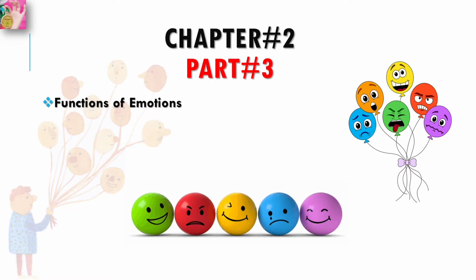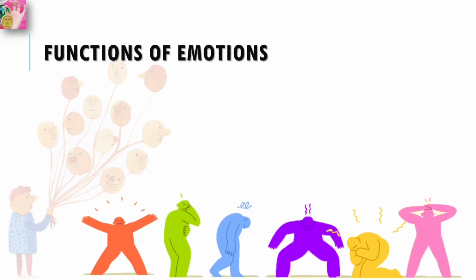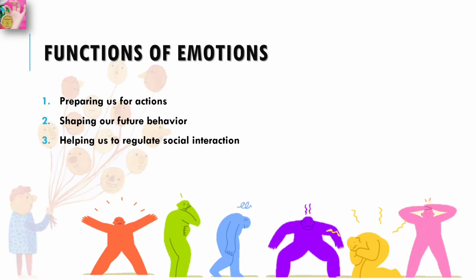So let's start with part 3, which is about the functions of emotion. Now, there are some important functions that emotions play in our daily life, and among the most important are preparing us for action, shaping our future behavior, which means that emotions shape our future behavior, and last but not least, helping us to regulate social interaction.